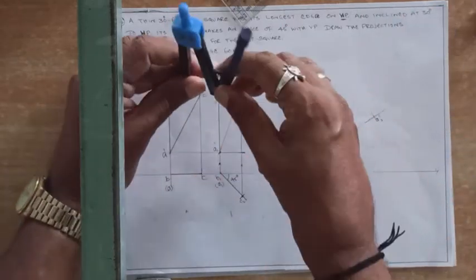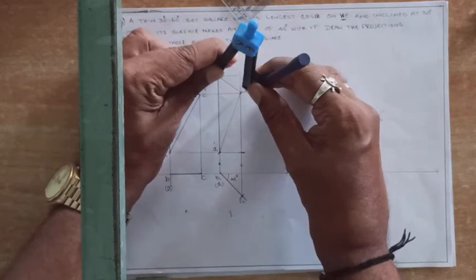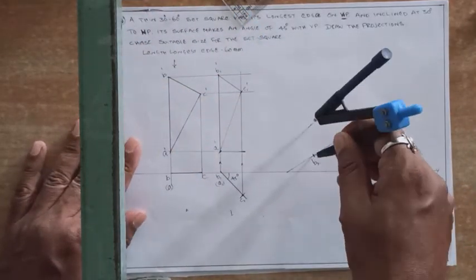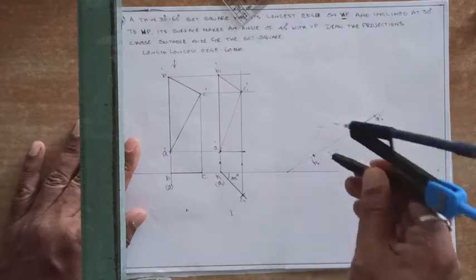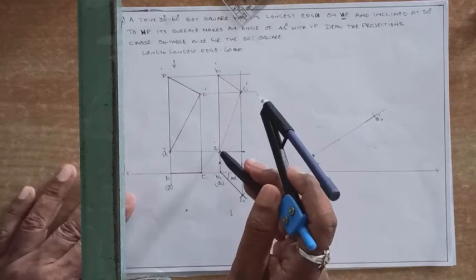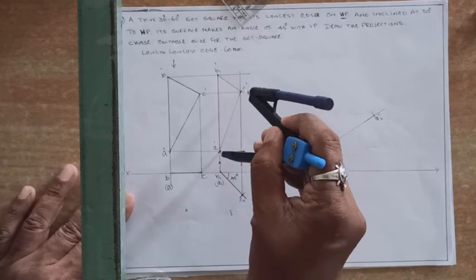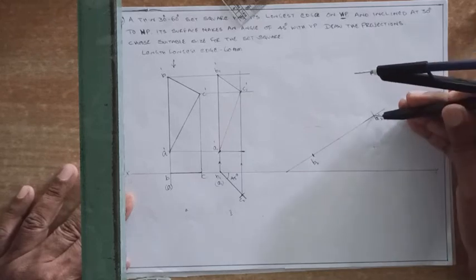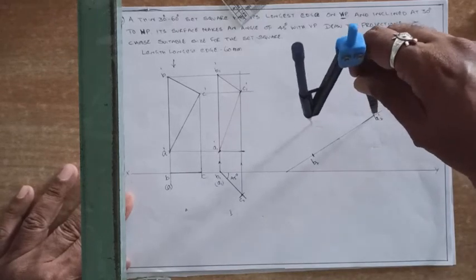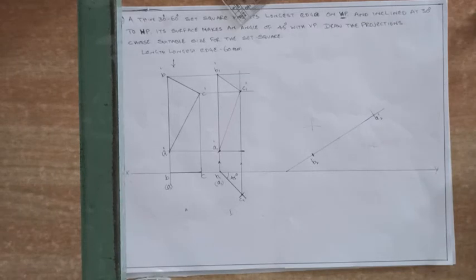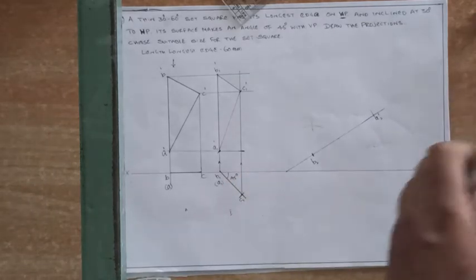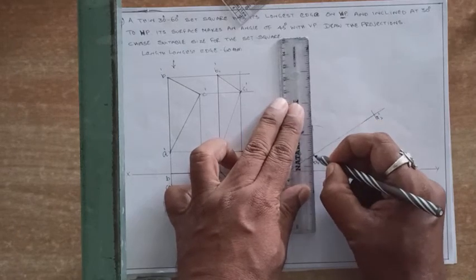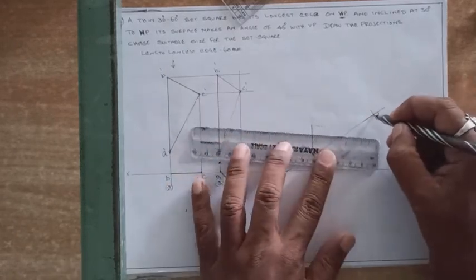Now I will take B1 dash, C1 dash as radius, and with B2 as center, draw a thin arc. Similarly, take A1 dash C1 dash as radius, and with A2 dash as center, cut the former arc. Now join this arc with B2 dash and similarly with A2 dash.